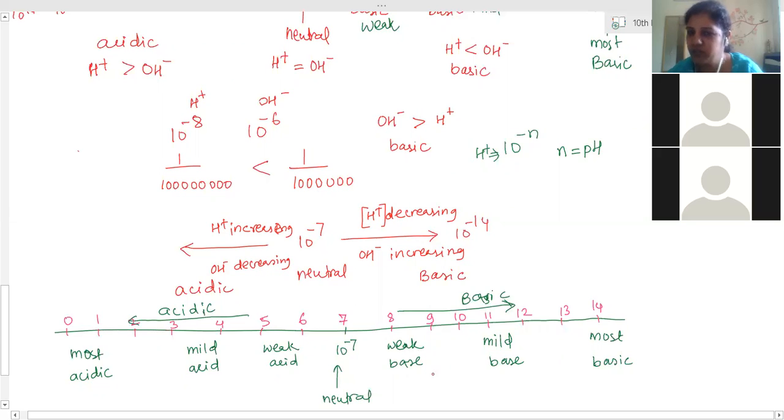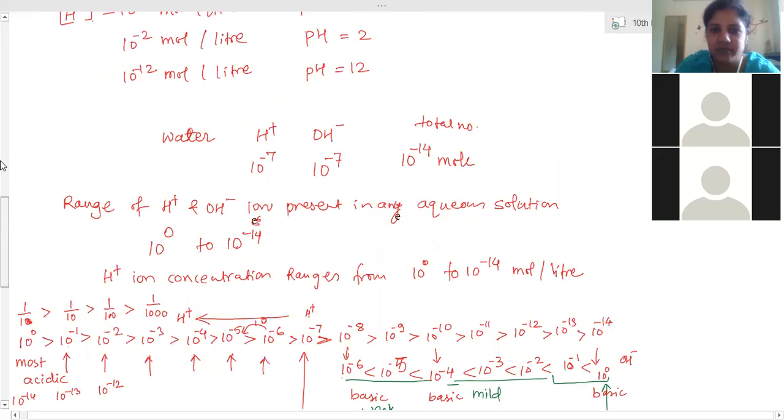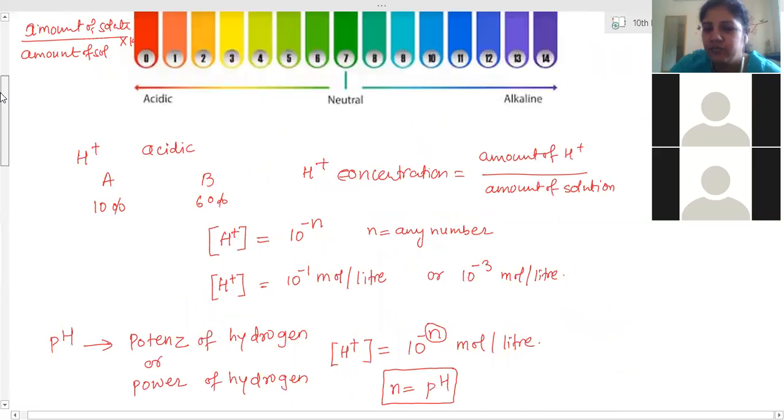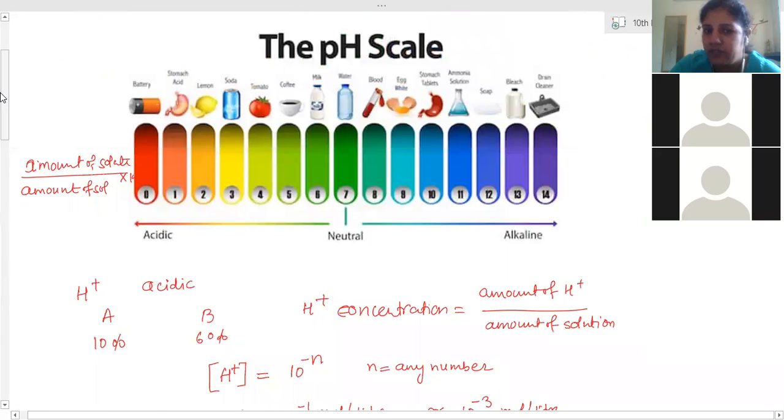Now is the pH scale clear? And instead of the numbers, we don't always remember the numbers. So therefore it is represented in terms of this color strip. Is the color strip clear now? For all these different strengths, we will get different colors.